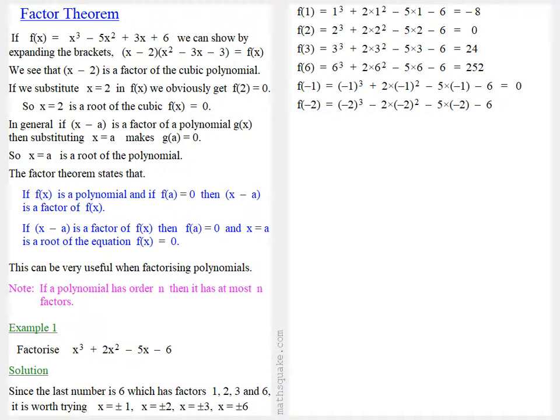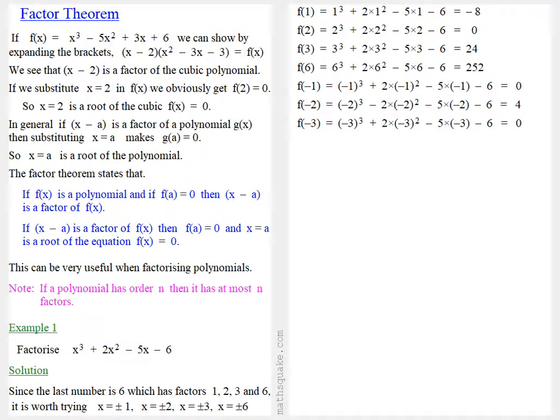f(minus 2) is minus 2 cubed plus 2 times minus 2 squared minus 5 times minus 2 minus 6, which is minus 8 plus 10 minus 6, which is 4. f(minus 3) is minus 3 cubed plus 2 times minus 3 squared minus 5 times minus 3 minus 6, which is minus 27 plus 18 plus 15 minus 6, which equals 0.